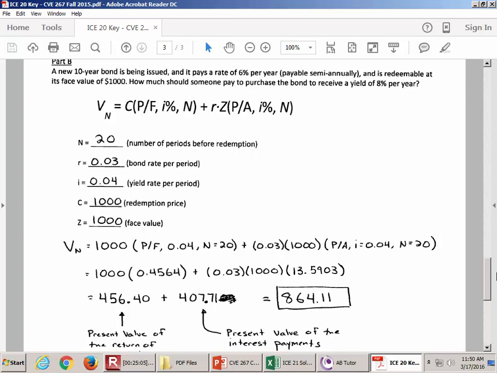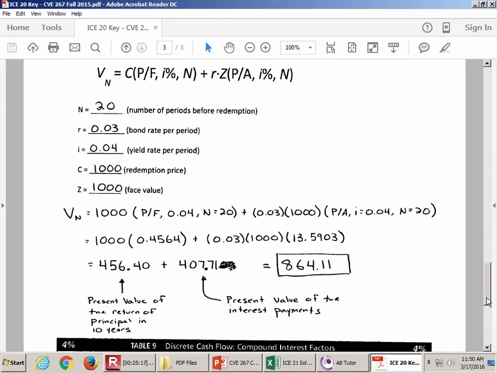And you also need to discount the remaining payments to the present. And so what this solution shows is that the final value of a bond has two pieces. It's got the present value of the return of principal and the present value of all of those interest payments over time.